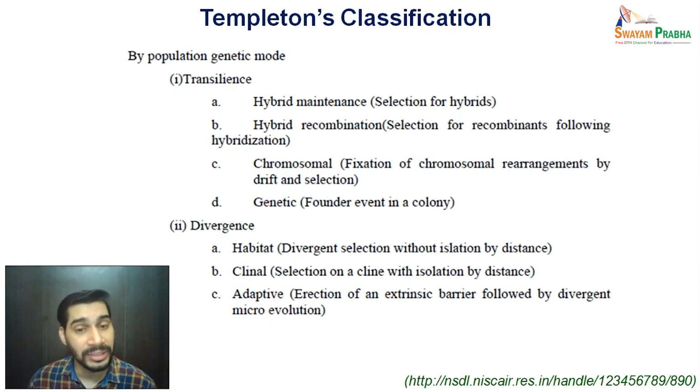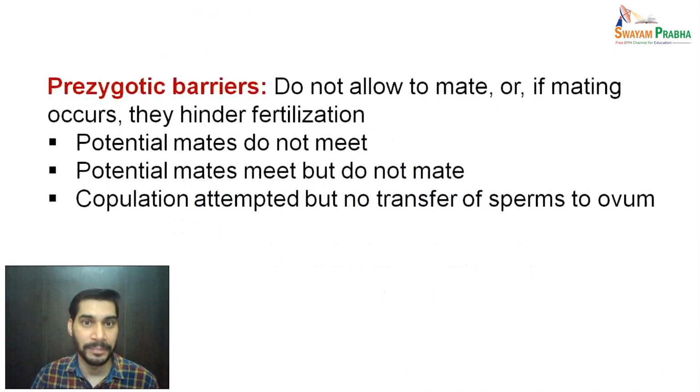In divergence, there can be a barrier with respect to the habitat, with respect to selection on a cline, that is clinal, and the adaptive divergence barriers. So these are different classification systems for classifying the reproductive barriers primarily.